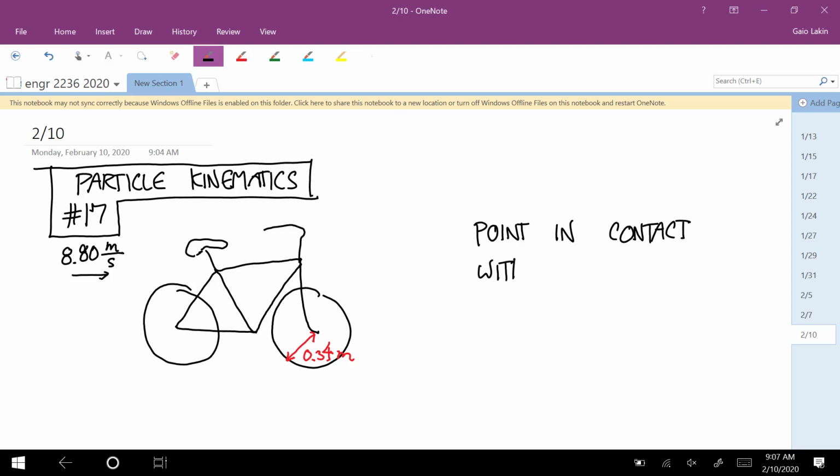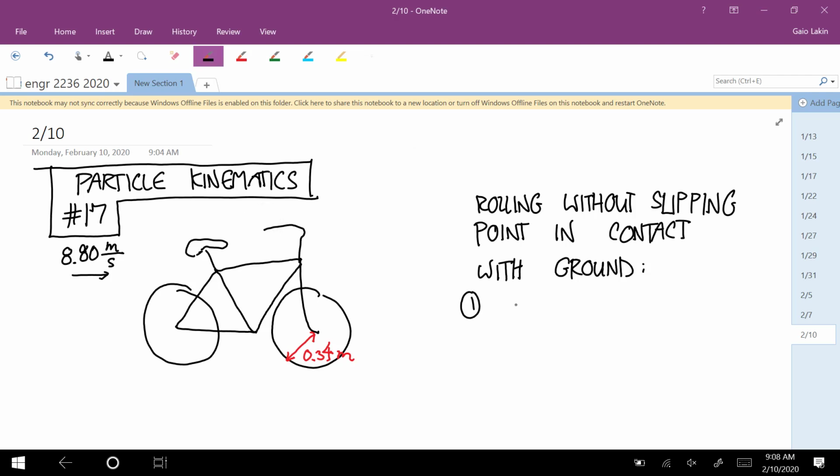And actually I didn't go into the derivation of the rolling without slipping equations this year, but those are the assumptions that you use to derive those equations. So in rolling without slipping in general, the velocity is 0 of that point.